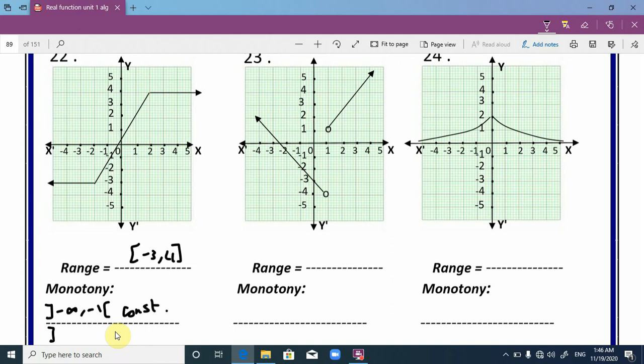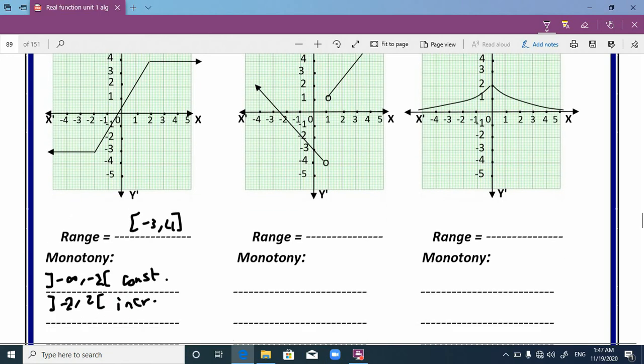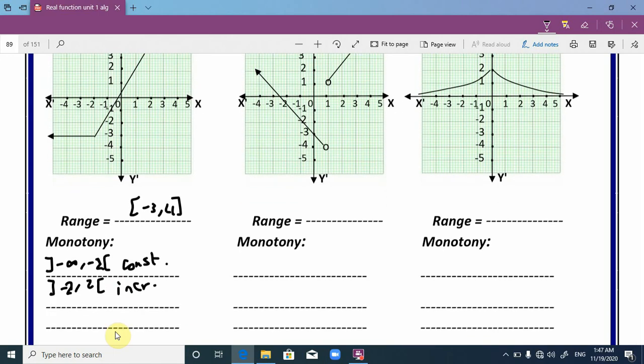And from negative 2 to 2, the function is increasing. And the last one, from 2 to infinity, the function is constant.